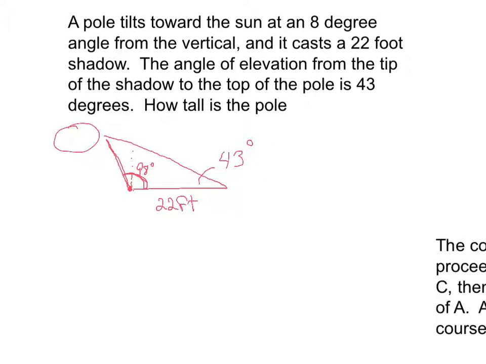Let's call this angle A, angle B, and angle C. Easy for us to find angle C. That's going to be 180 minus the sum of 98 degrees and 43 degrees. And so we find that angle C is 39 degrees.